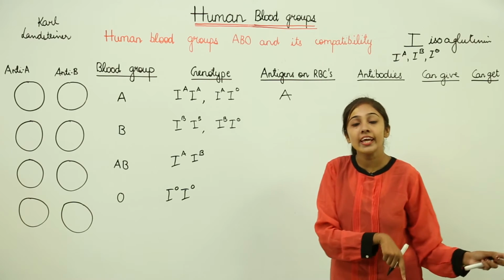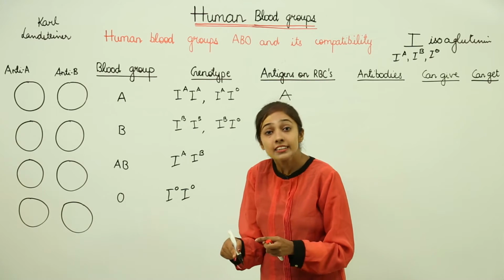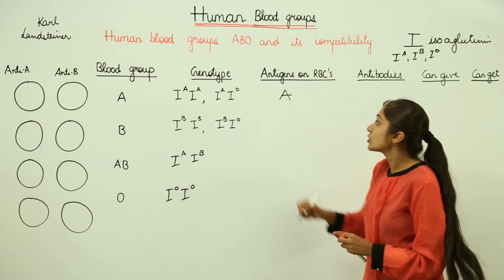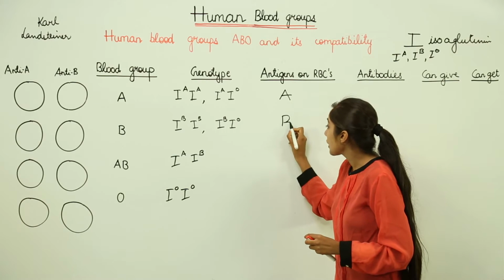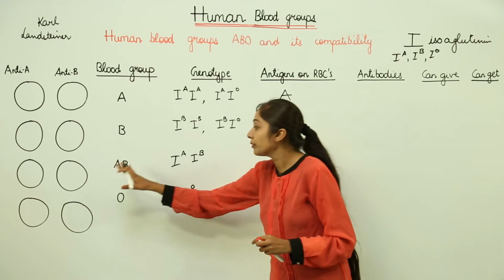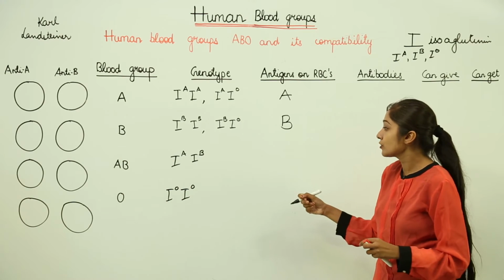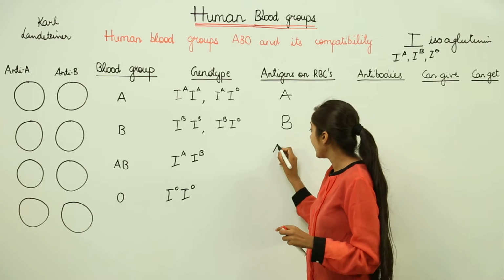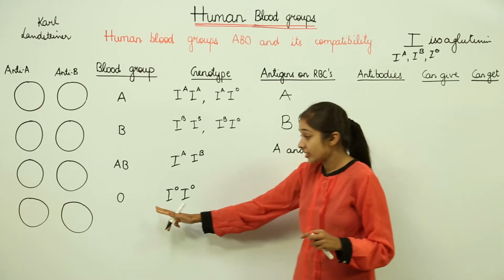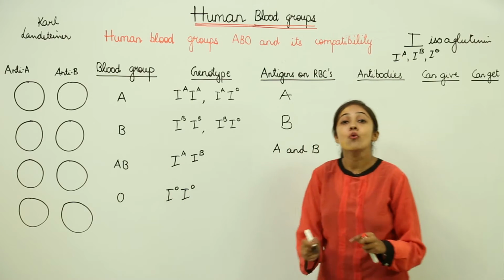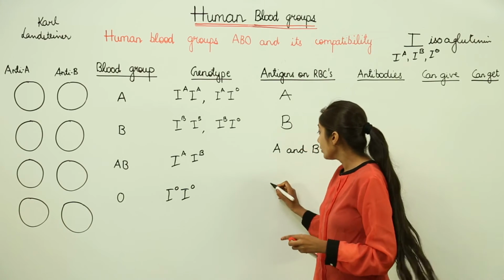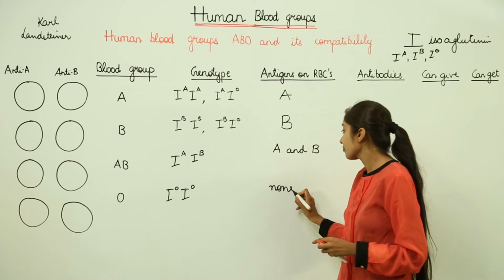So a blood group A person has antigen A. If we talk about the person having blood group B, then he or she is going to have antigen B. If we talk about the person having blood group AB, then he or she is going to have both antigen A and B. But if we talk about blood group O, then they don't have any antigen. They neither have A nor B. So there are no antigens, means none.